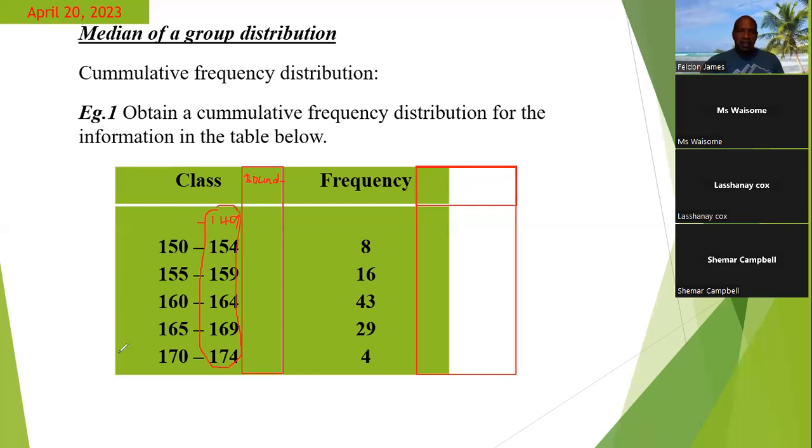All right. Now to find the boundary values, what we note is that we have the upper limit of one class and the lower limit of the next class. For instance, we start off with the upper limit of the first class and the lower limit of the second class. The rule is you would generally add these numbers and divide the result by 2.